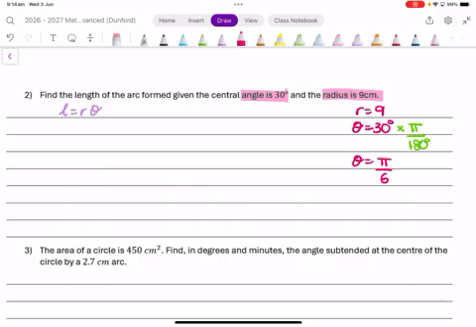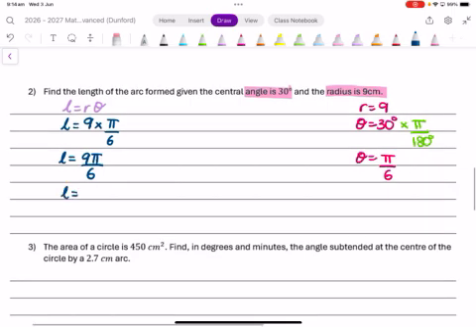Now that we know these two things, we can substitute them into our formula. So we get our arc length is 9 times pi on 6. Okay, so this is 9 lots of pi on 6. However, we can simplify this. What does 9 on 6 simplify down to? 3 pi over 2.